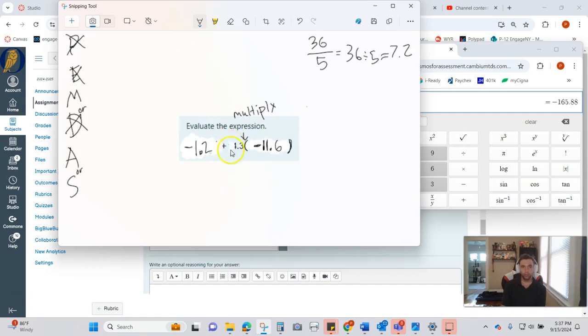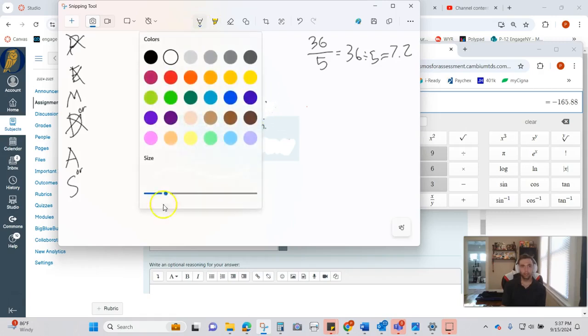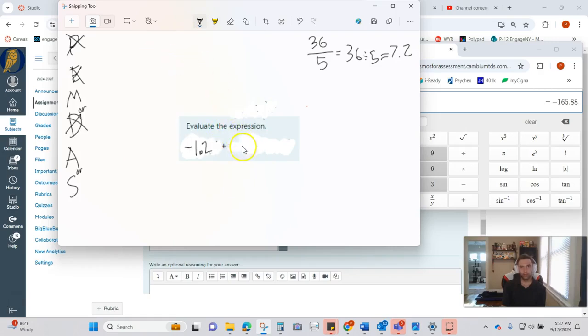Smudge out the 14.3 times negative 11.6. Don't need that anymore. And now let's write our new number that we got. Negative 165.88.